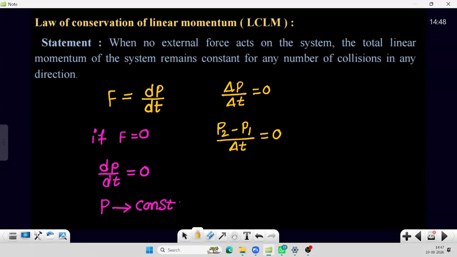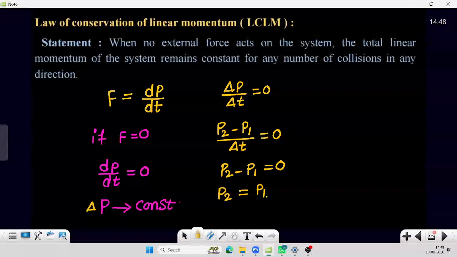So P2 minus P1 equals 0, which means P2 equals P1. P2 is the final momentum, and P1 is the initial momentum. So final momentum equals initial momentum. That is the law of conservation of linear momentum: final momentum equals initial momentum when there is no external force acting on a body.